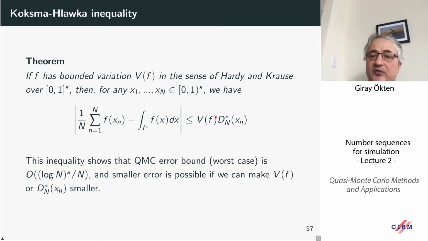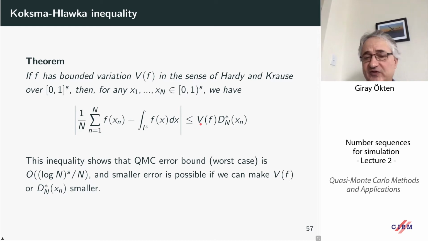Now, early on, we mentioned that the best low discrepancy sequences satisfy a star discrepancy of (log N)^s over N. And so that tells us that if we integrate functions in this way, using quasi-Monte Carlo sequences, the error will have that order of convergence.